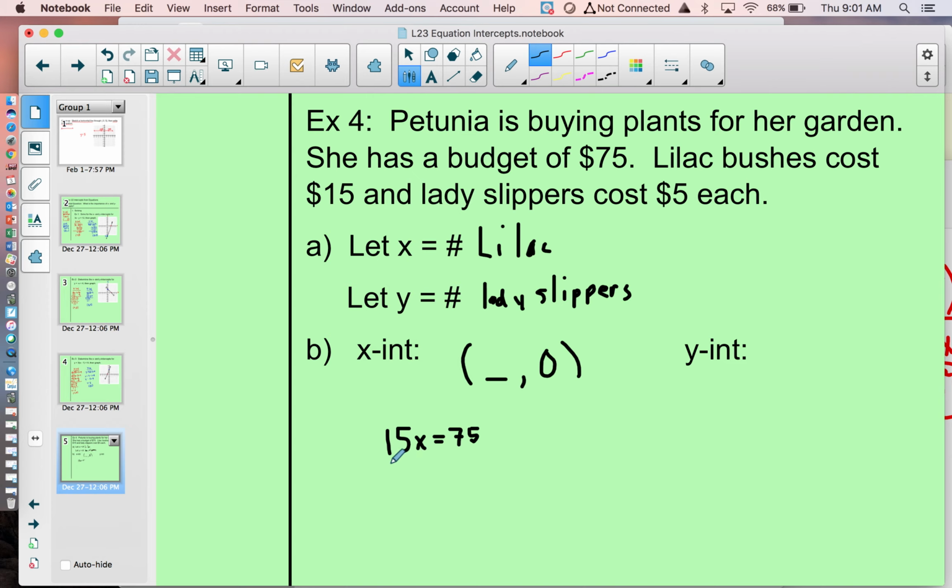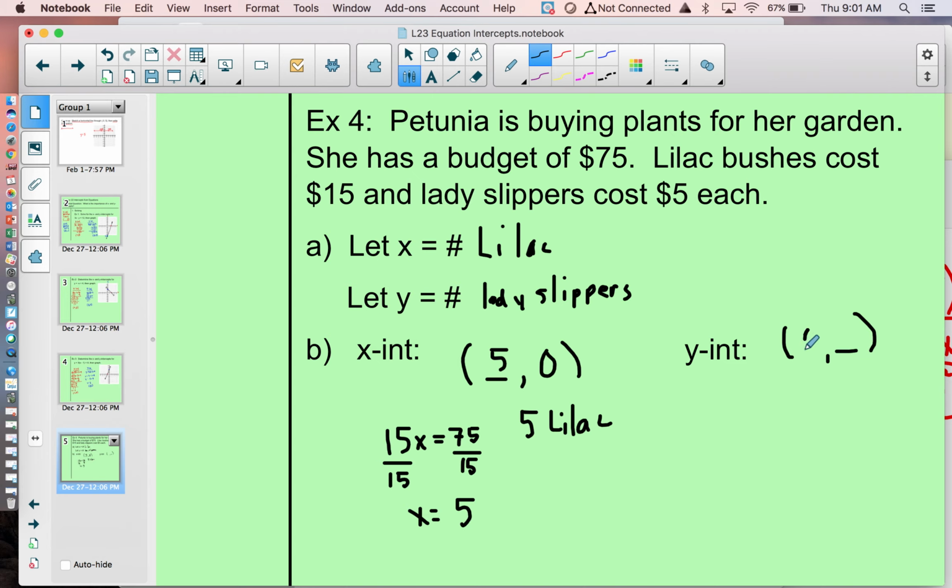And if you solve this, you end up getting the equation right here for it. Here's 5, and so 5 lilac bushes. Similarly, if you want to find the y-intercept, you're looking for a y value.